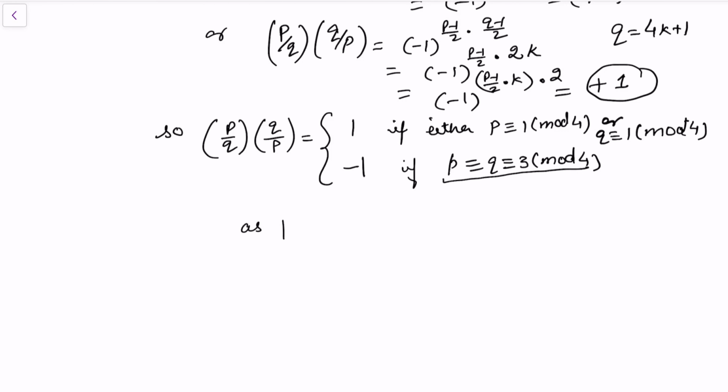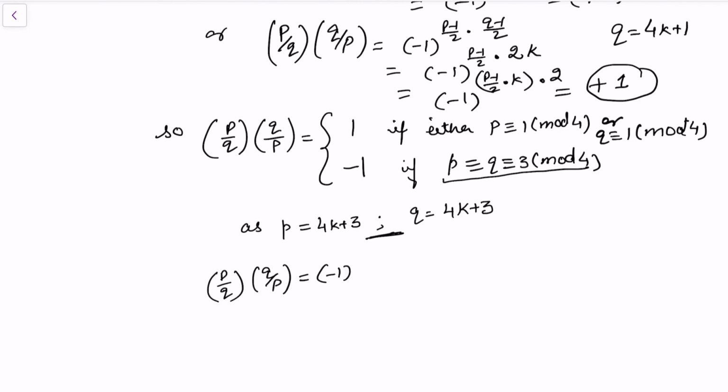In a similar way, this is -1 if P and Q are congruent to 3 modulo 4. When they both are of the form 4k plus 3, P is of the form 4k plus 3 and Q is also of the form 4k plus 3. In this case the Legendre symbol (P/Q) multiplied by (Q/P), by the quadratic reciprocity law, is -1 to the power (P-1)/2 into (Q-1)/2. Now substituting the values of P and Q, I get -1 to the power (2k+1) and (2k+1).